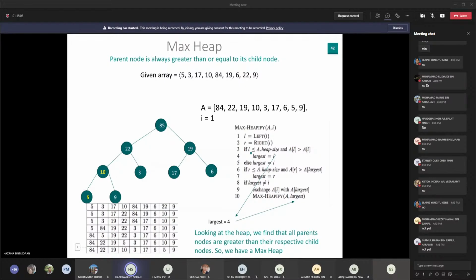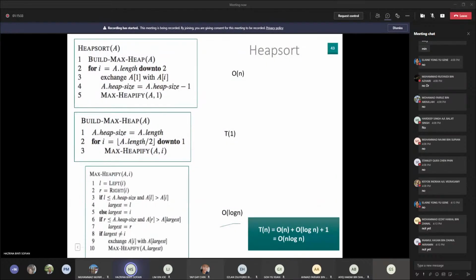So, for the heap sort, they added one more algorithm.